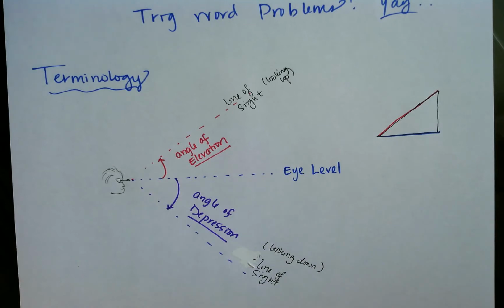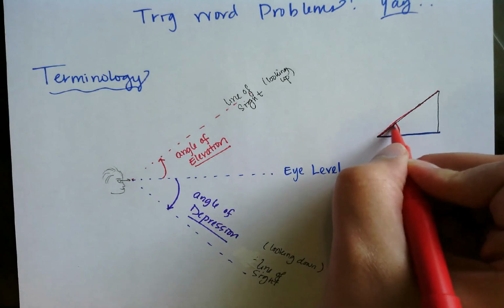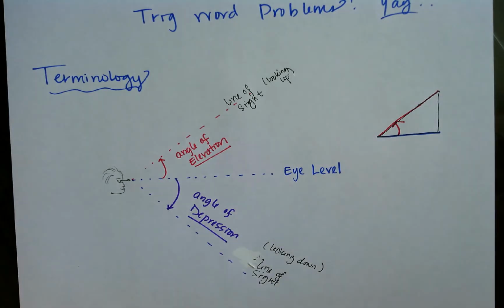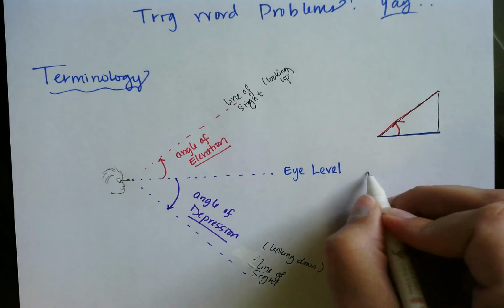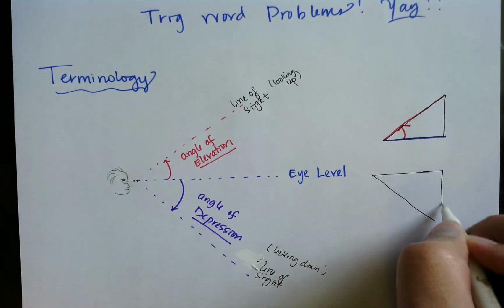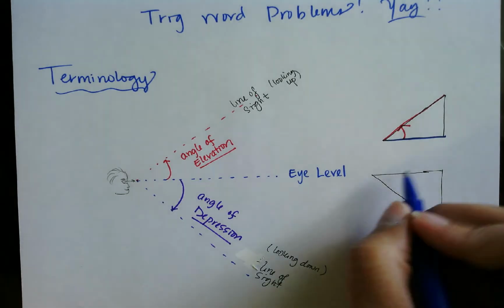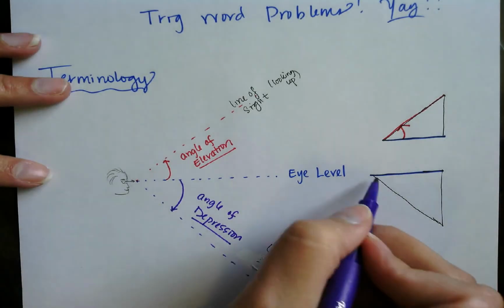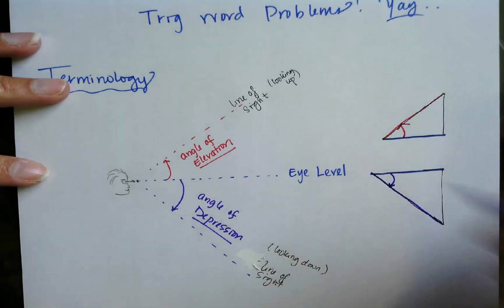Okay. So let me clean this up. Your angle is always built off your eye level, and then if you're looking up or down. So this is the angle you would have built. If you were to look down, here is, again, your eye level, but this time you looked down, and so the angle that you built is that angle right there.